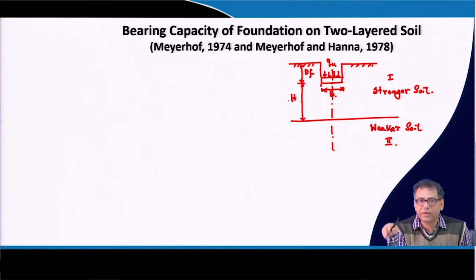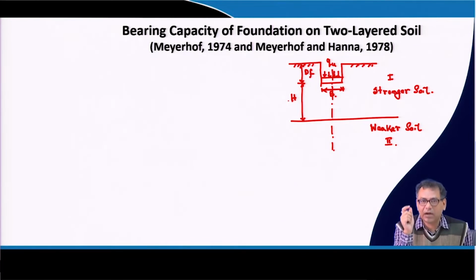So, there will be no effect on the weaker layer. You have to calculate the bearing capacity as if the foundation is resting on that stronger layer, and you will get the values as per the equations and procedures that I have discussed using different approaches. That means the influence zone is not going to the weaker layer.